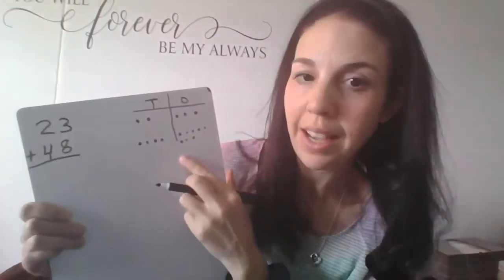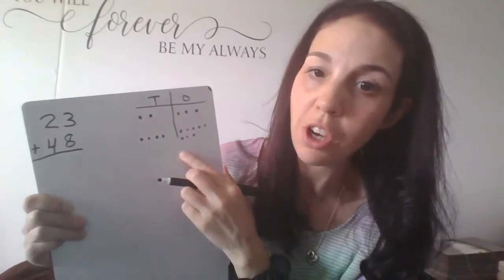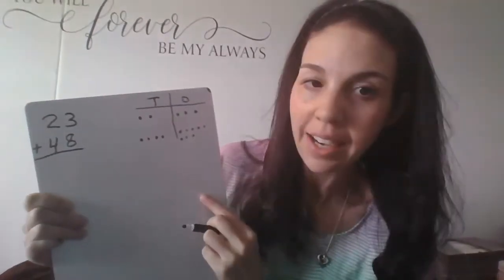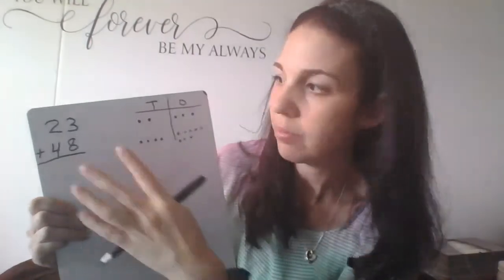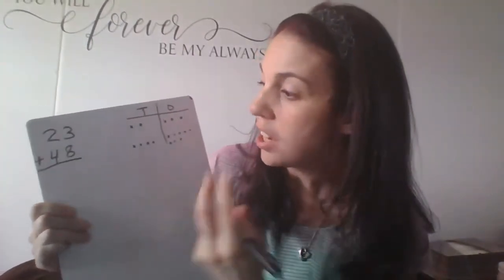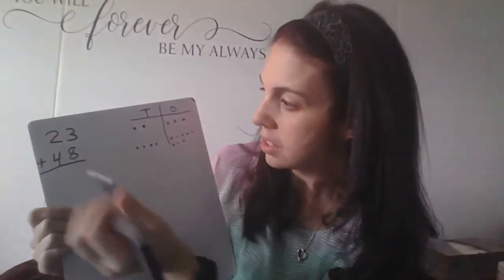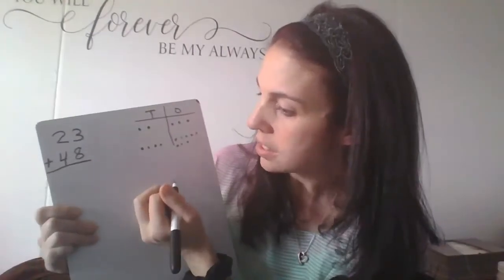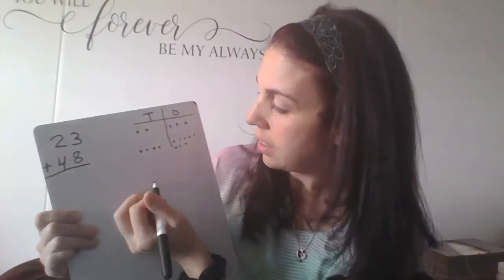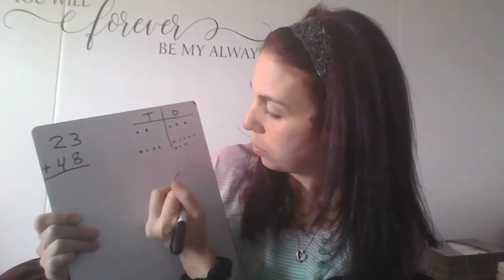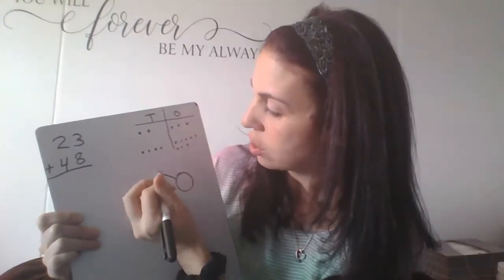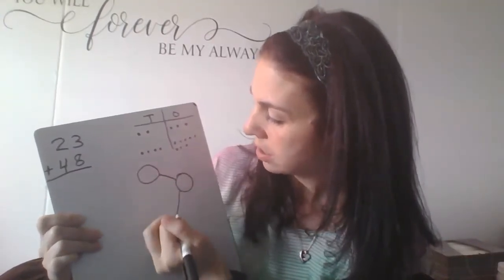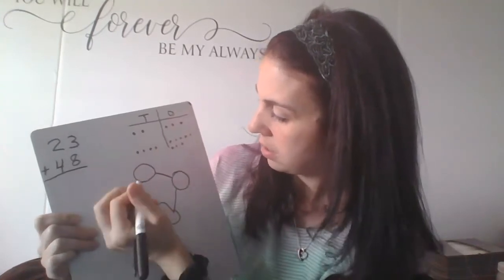So we already know that the chip model is one way that we can show our 10s and 1s for adding our numbers. Another way we can show this problem is by doing a number bond. So we can have the whole, and we can show part, and we can show the other part.